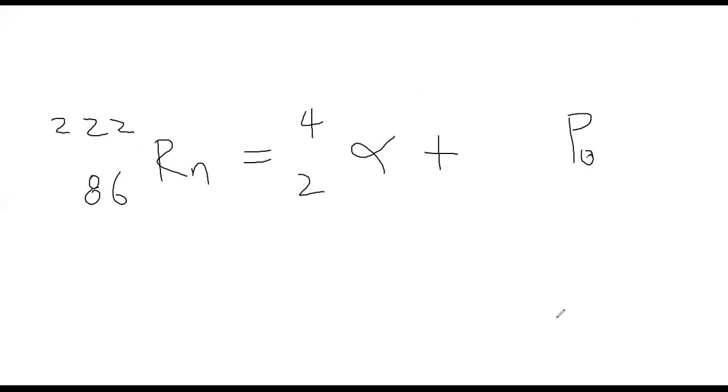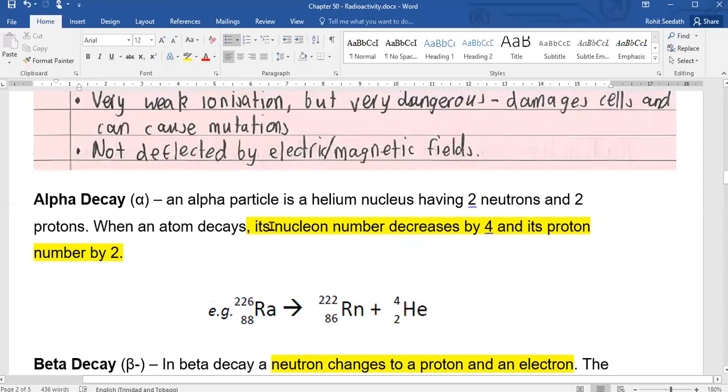But let me go back to the notes for you to see. In alpha decay, its nucleon number decreases by 4 and its proton number by 2. So the top number decreases by 4 and the bottom number decreases by 2.